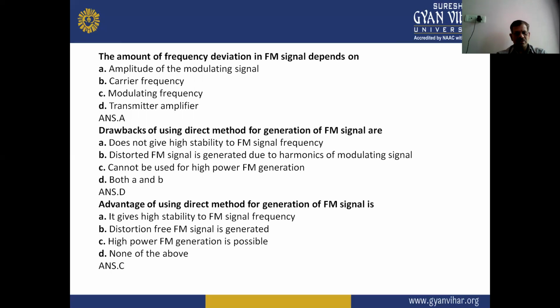Option B, distorted FM signal is generated due to harmonics of modulating signals. Option C, cannot be used for high power FM generation. Option D, both A and B. So the correct option here is option D, in which options A and B are correct.